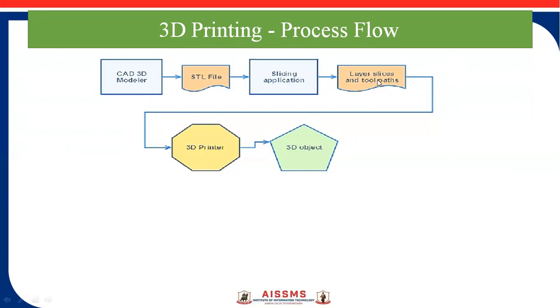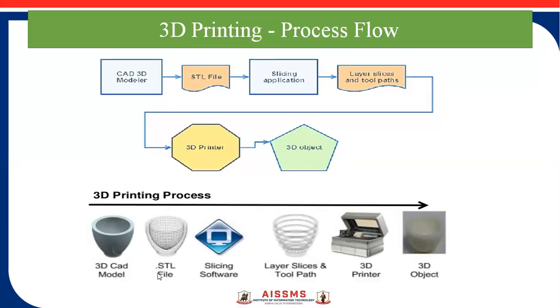Then layers, slices and tool paths are created as per the shape of the object, and we load the material into the jet, and the 3D printer is installed as per the requirement. Then the 3D printer will print the final shape as per the model which we have designed, layer by layer in the STL file, and the final object will be created, and the last step is post processing. So that's what we have learned in the 3D printing process.